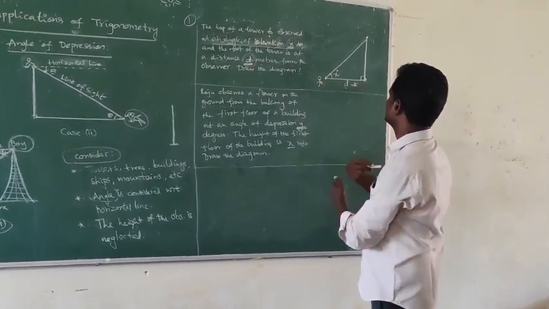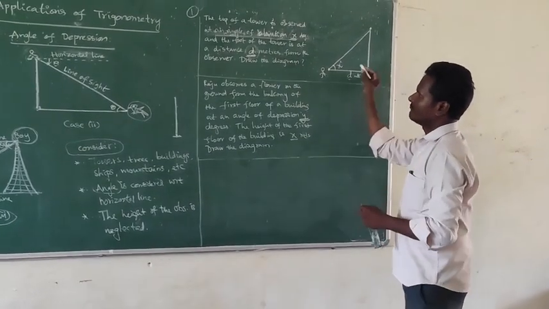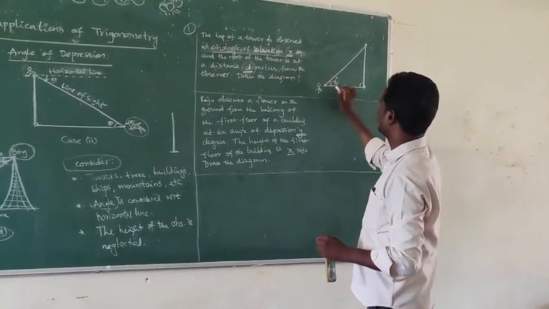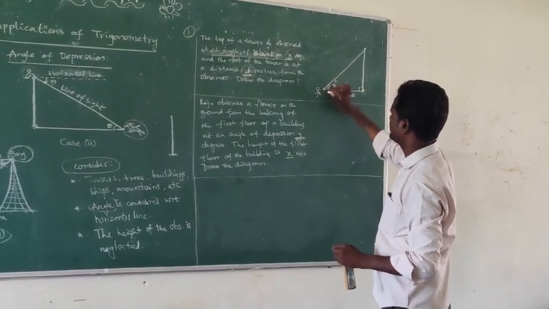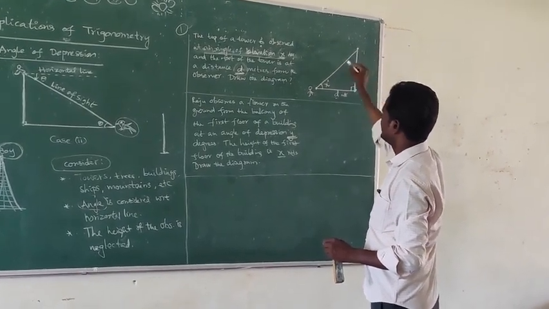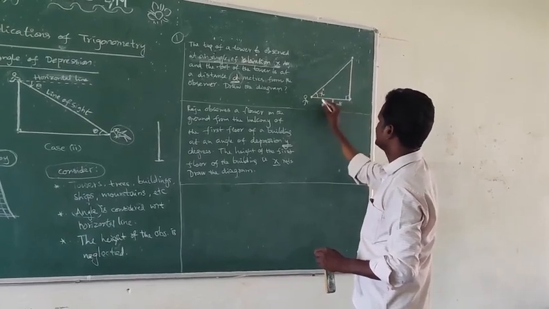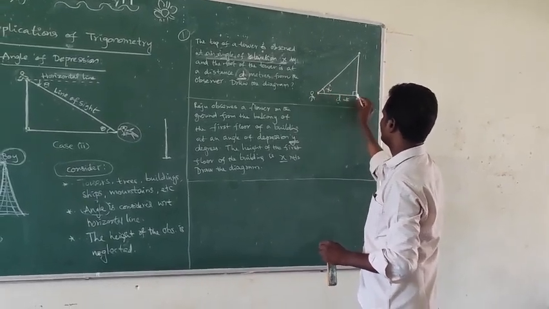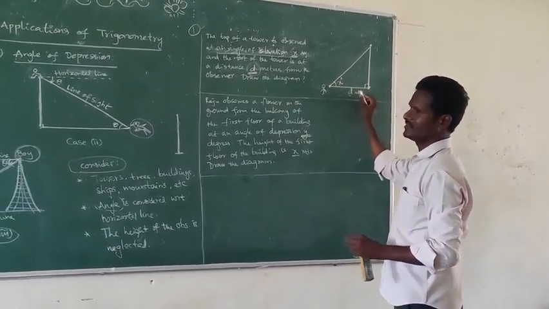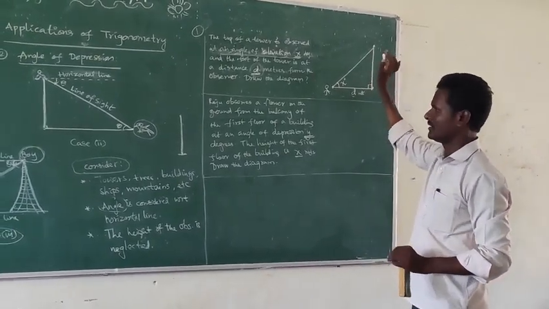So this is d meters. This is the diagram for this problem. Here the observer is observing the top of the tower with an angle of elevation of x degrees, and the distance between the observer and the foot of the tower is d meters. So the diagram is like this.